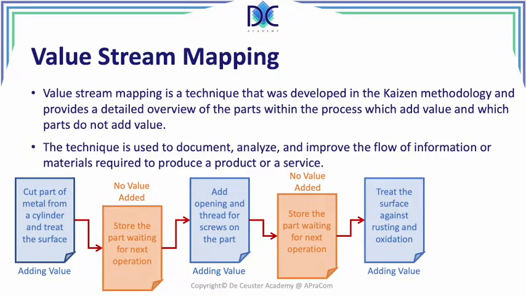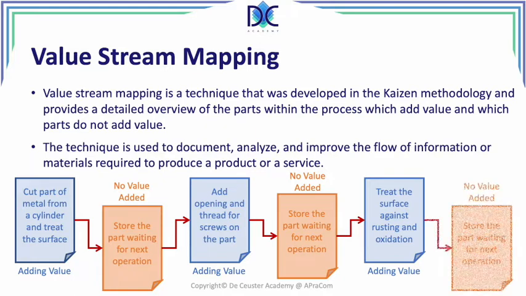We find in blue the value adding steps and in orange the non-value adding steps. So value stream mapping will provide to you where do you find the parts in a process that add value to the operation and the parts that do not add value. And it gives you the possibilities to remove or reduce the non-value added.